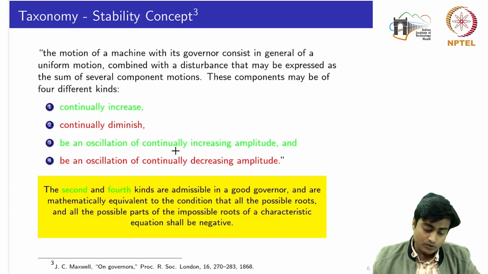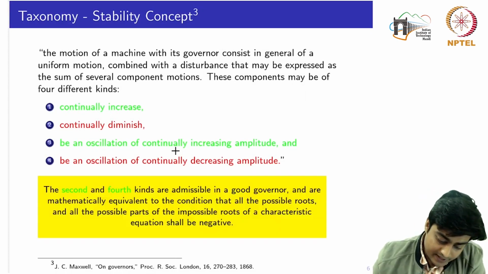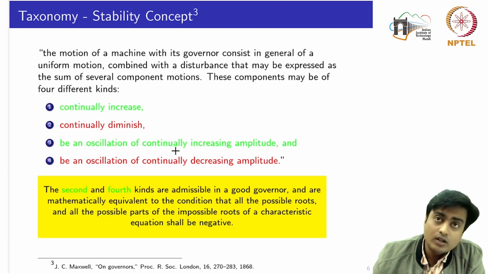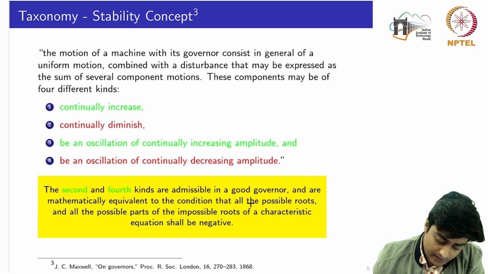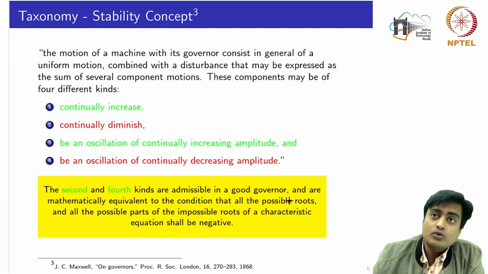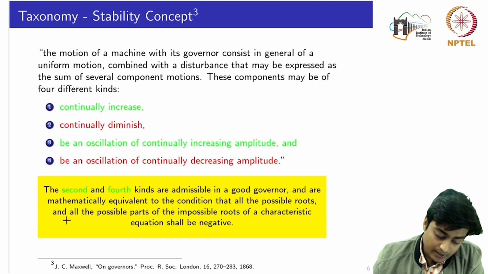So from your UG control course, you already know that the second and the fourth kinds are admissible in a good governor, because the response is diminishing to 0, and this is mathematically equivalent to the condition that all the possible roots, and here the possible roots are the real roots, and all the possible parts of the impossible roots.